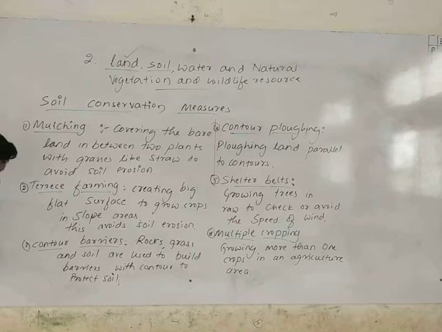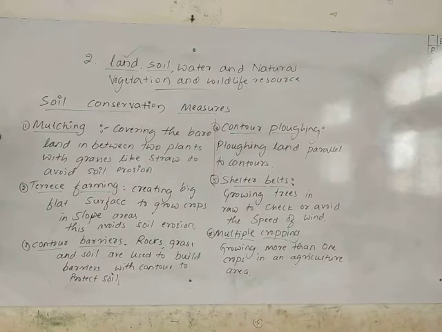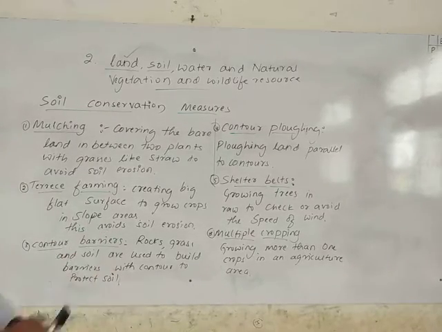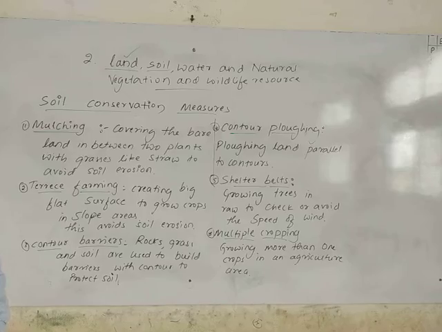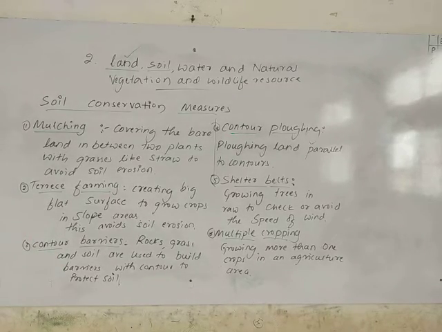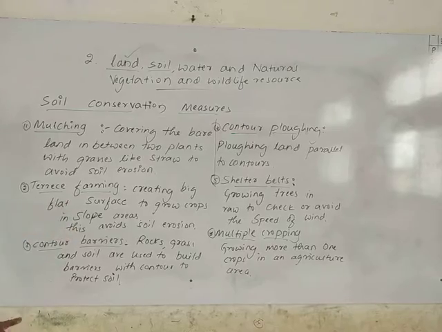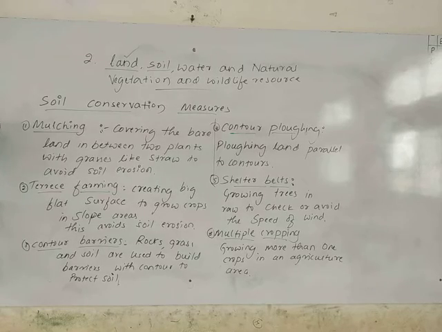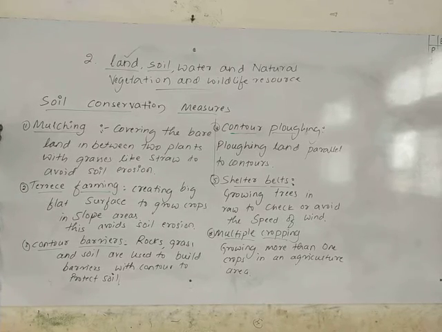Make it first, then contour barriers, like creating some hurdles, some dam-like structure, and building a wall by using grass and rocks to avoid the runoff water which carries the soil.